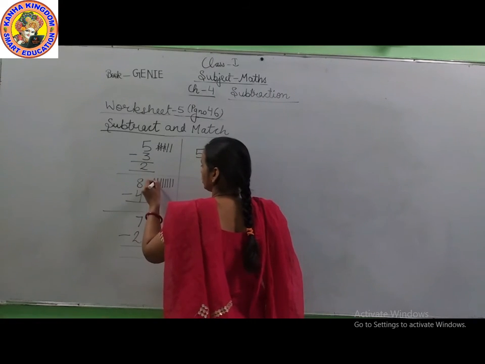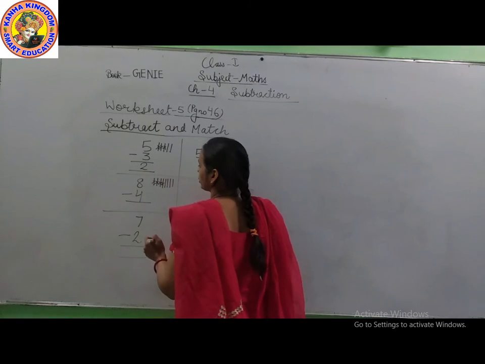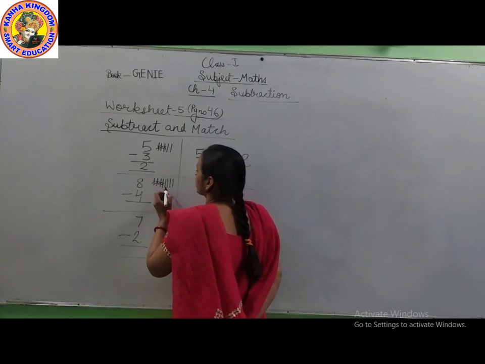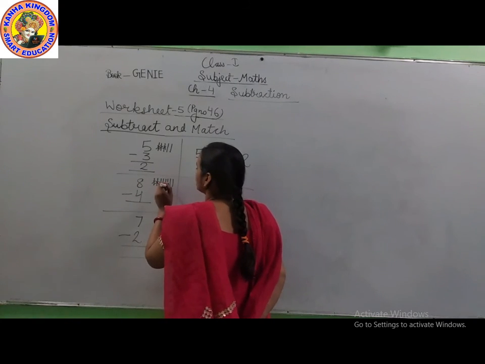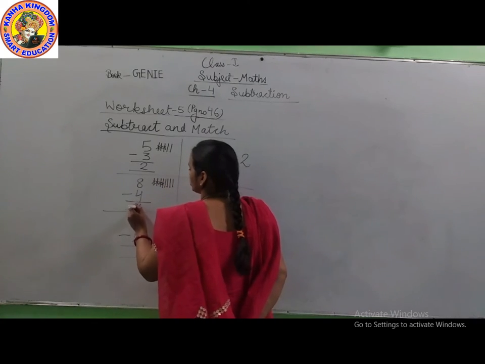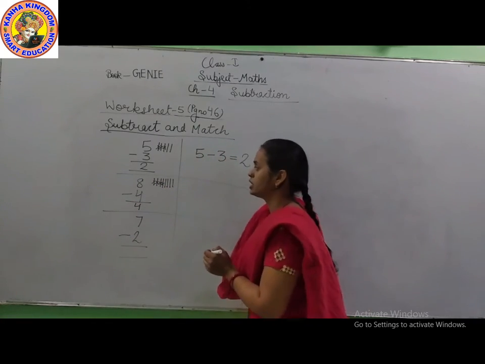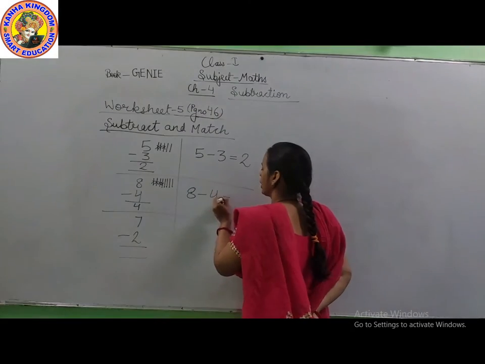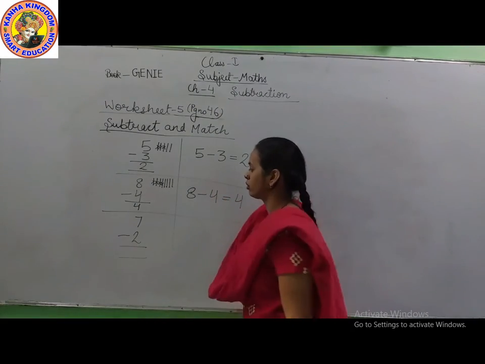So 1, 2, 3, 4. So when we take away 4 from 8, our answer is 1, 2, 3, 4. So match this with 8 minus 4 equals 4.